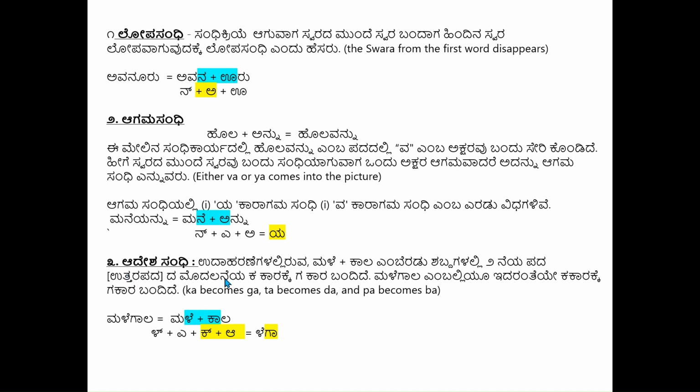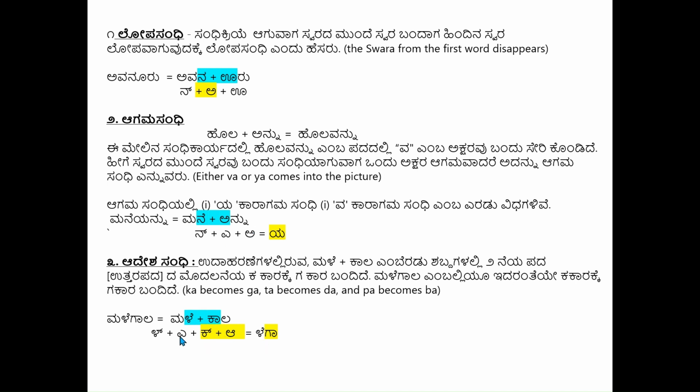Now we noticed that the sandhis were divided into swara sandhis and vyanjana sandhis. These two sandhis are called swara sandhis because at the joining point, it is one swara joining with another swara. Here, it's one swara again facing another swara: a swara from the first word, and a swara from the second word.